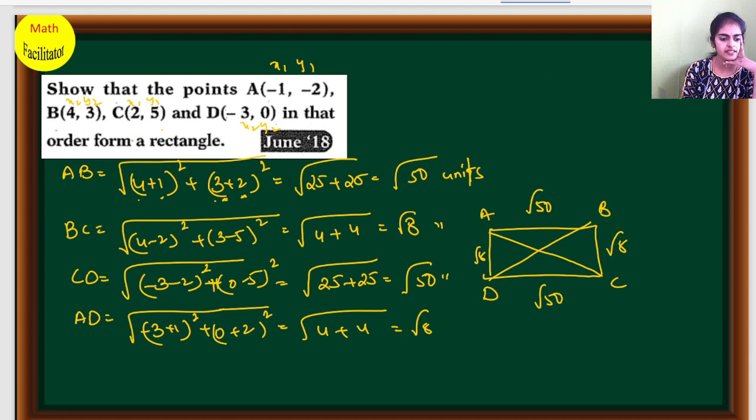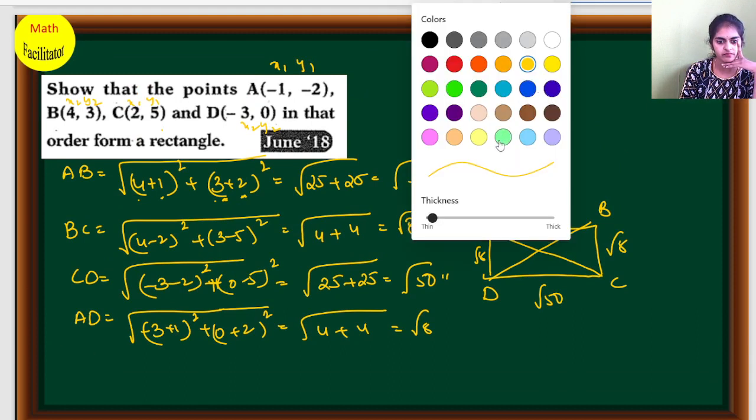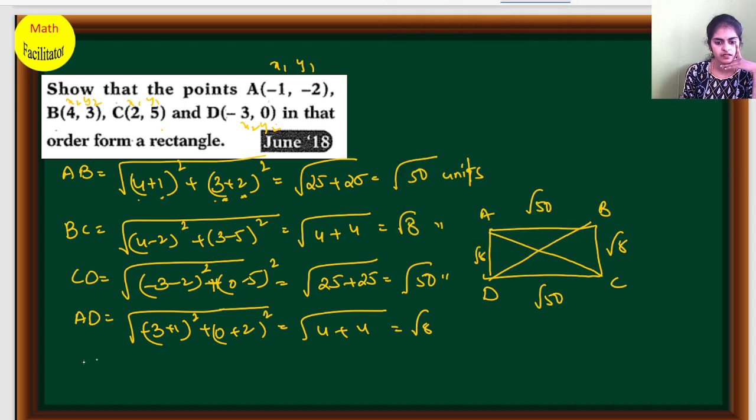సో వాట్ అబౌట్ డయాగ్నల్స్? డయాగ్నల్స్ ఆర్ నథింగ్ బట్ AC is a diagonal, so A and C తీసుకోండి. So 2 plus 1 whole square plus 5 plus 2 whole square.